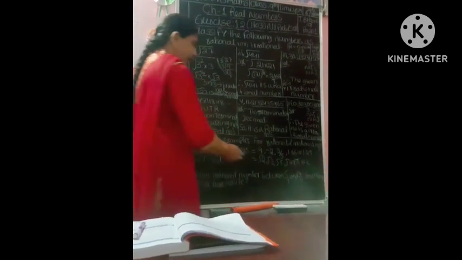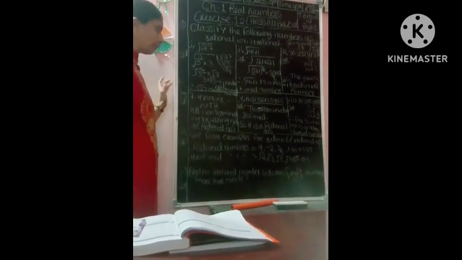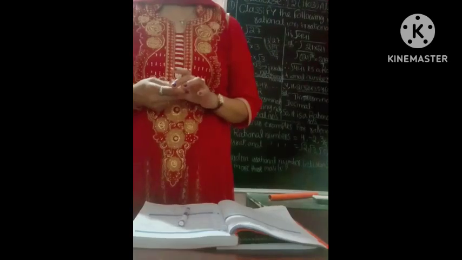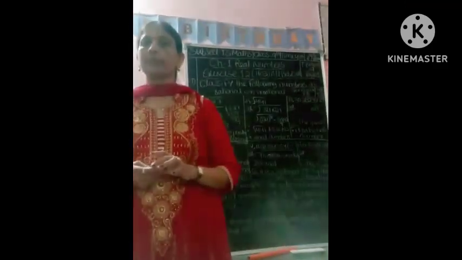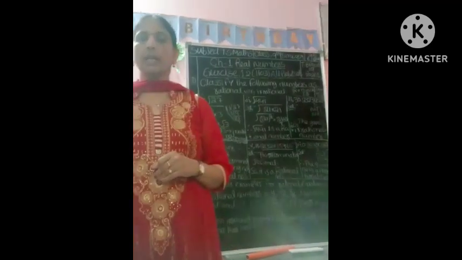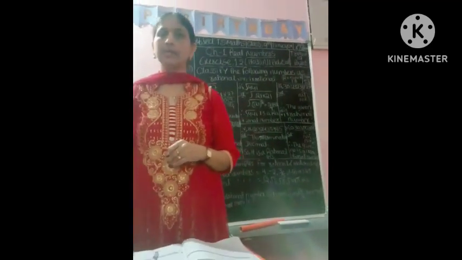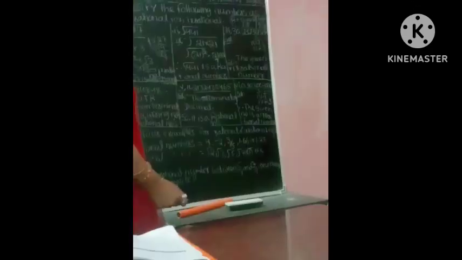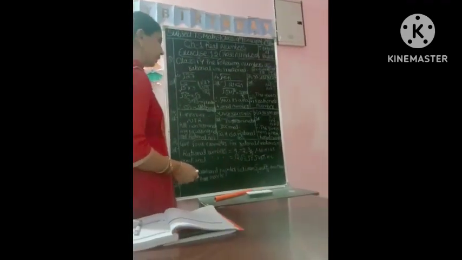Do you know the formula, Gagan? The formula is: if A, B are 2 positive rational numbers, and AB is not a perfect square of a rational number, then root of AB is an irrational number lying between A and B. That is the formula to find irrational numbers between any 2 numbers.